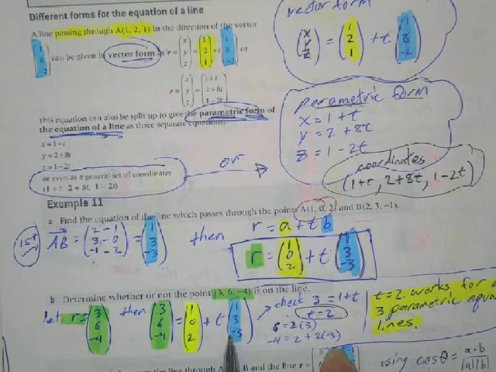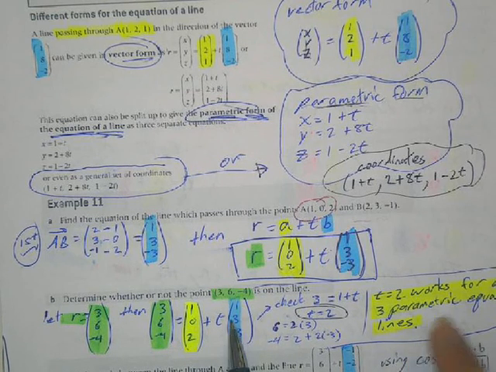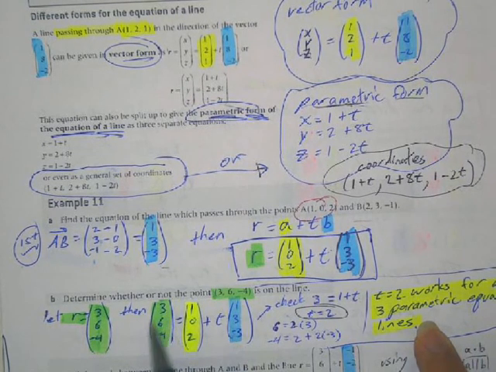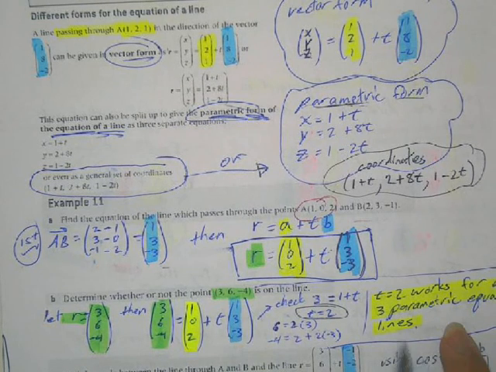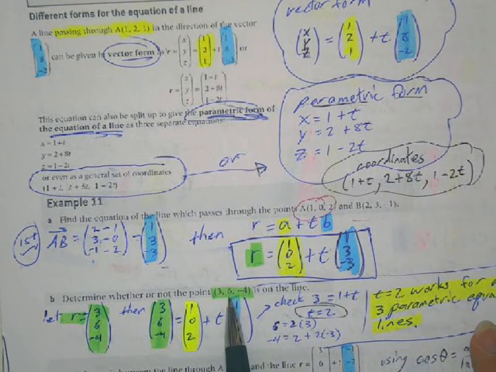That works also. So if I plug in 2 for t, I get the same answer for all of them: 3, 6, and negative 4. Since we get the same answers for all of these when t is equal to 2, we know that this point is on the line.